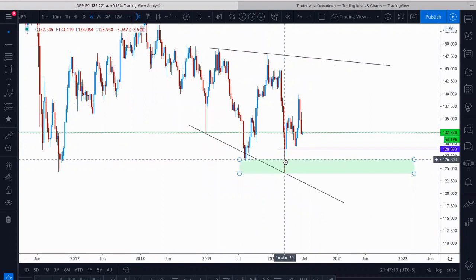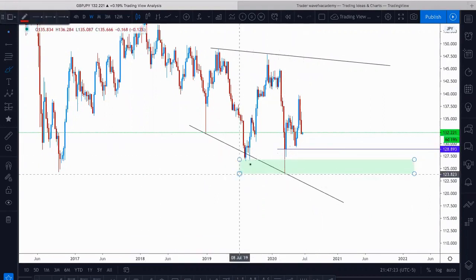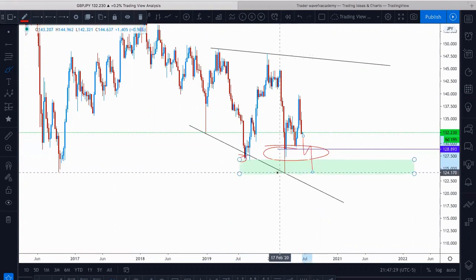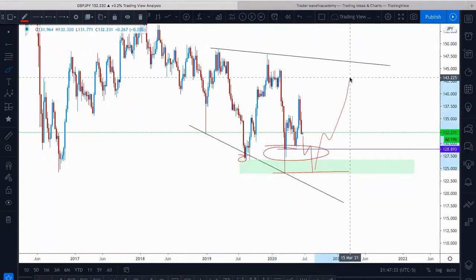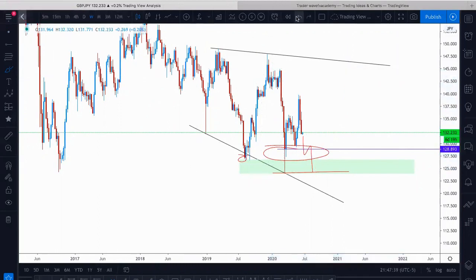So what we'll be looking at now is to anticipate price action to fall somewhere within these areas, right? So we'll be observing the market as price gets down into these lows. And from here, we'll be looking at targeting back these highs here, right? So that's what we can automatically see from the weekly time frame.